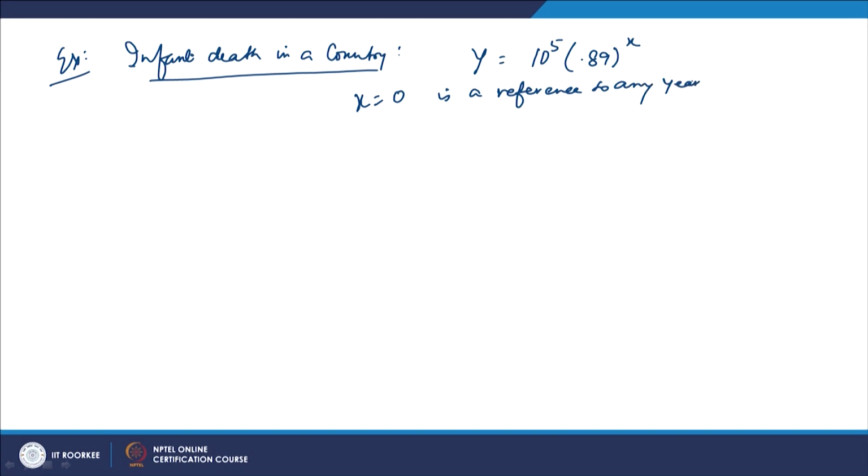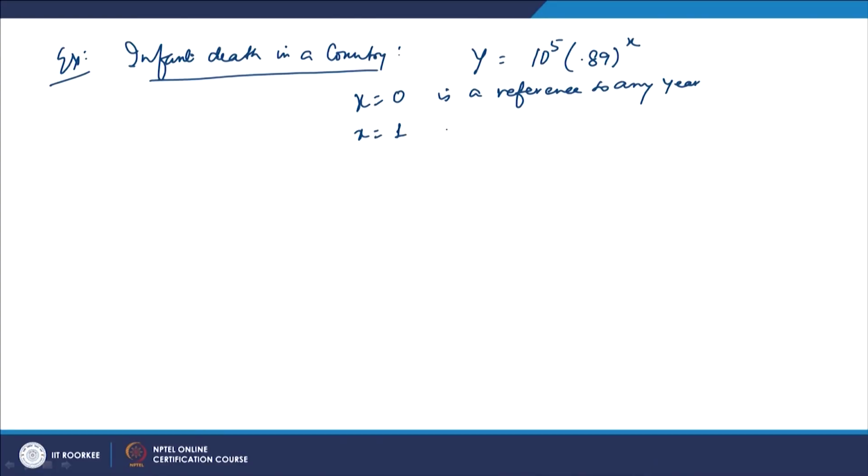If x is equal to 1, that will be the year after. Similarly, if you take negative values, it will go to the year before.